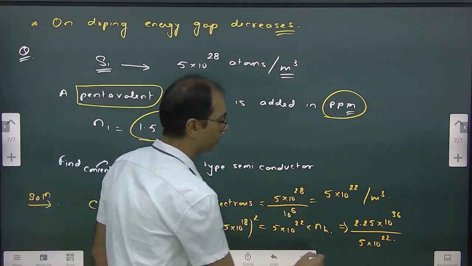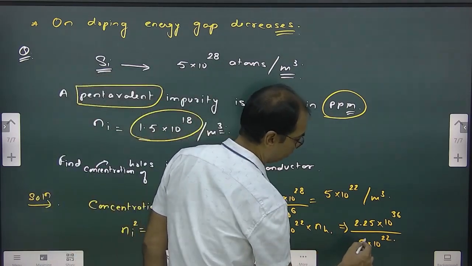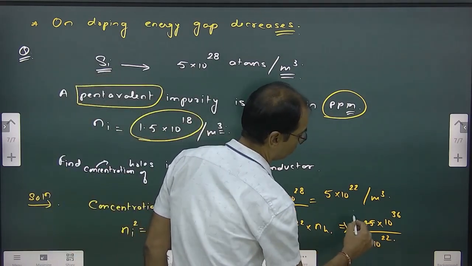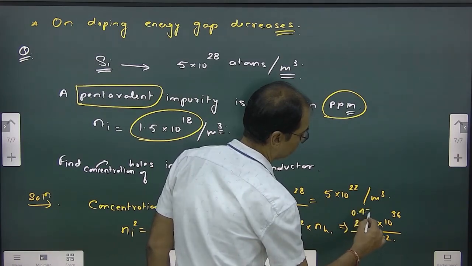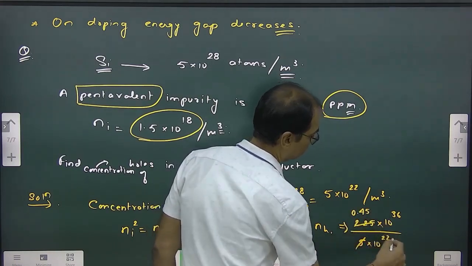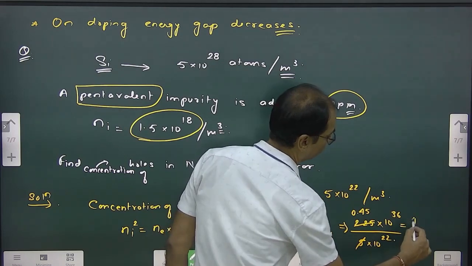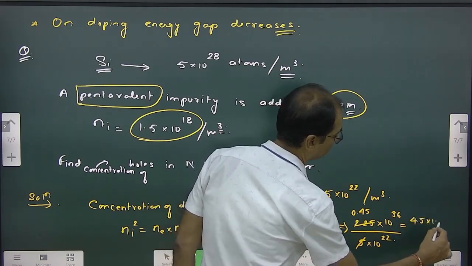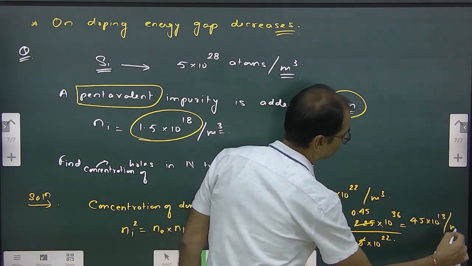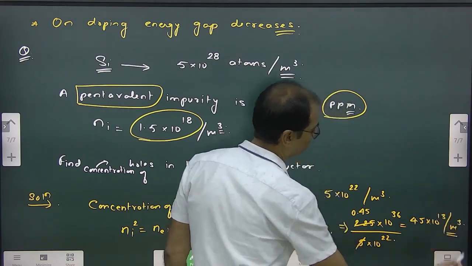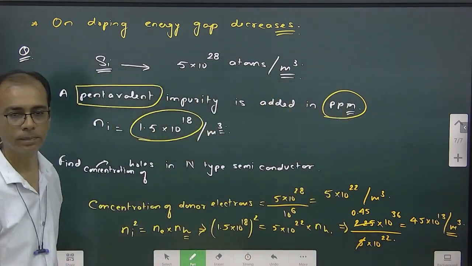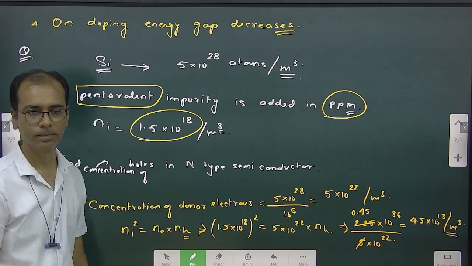That is 0.45 into 10 to the power 14. So 4.5 into 10 to the power 13 per meter cube is the number of holes.